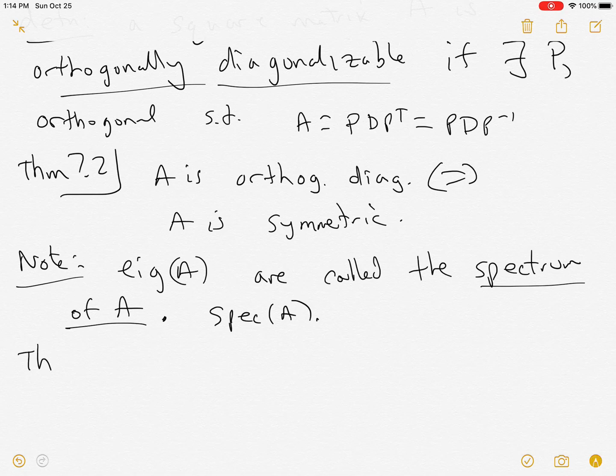Okay. This is a really famous theorem. It has a name. It's called the spectral theorem.